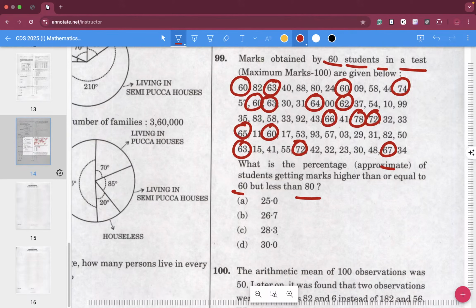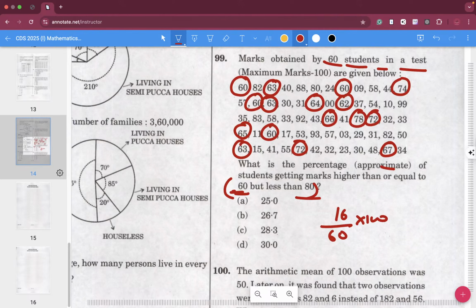So what is the approximate percentage of the students getting marks higher than or equal to 60 but less than 80? Have we missed any case? I don't think we have missed any case over here. So 16 out of 60 students are satisfying this particular condition.